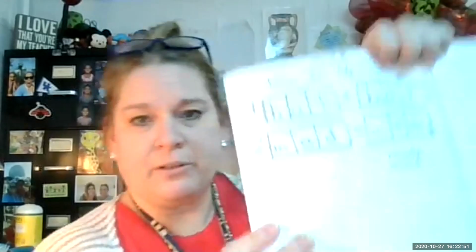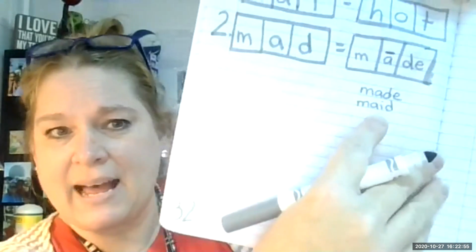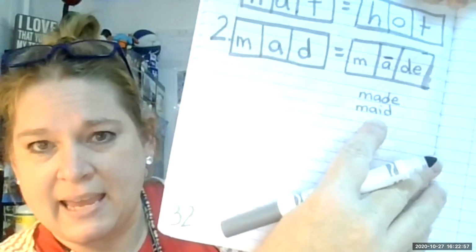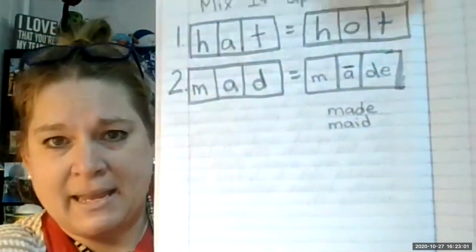This is made like I made my bed, but there's a maid like the ladies that clean hotel rooms or fancy people's houses. Those are called maids, and it's spelled differently. It has AI because AI together says a. So there's 2 different ways to make the word say made.